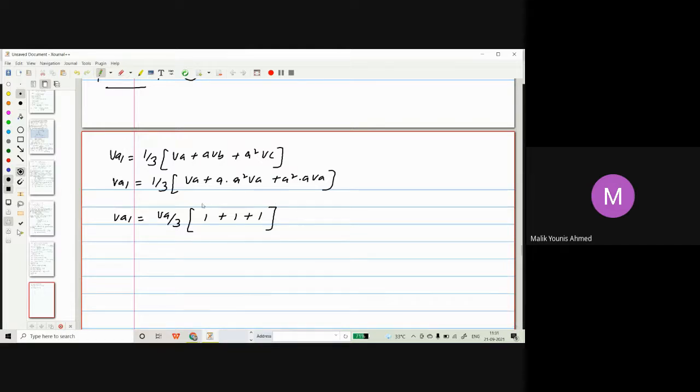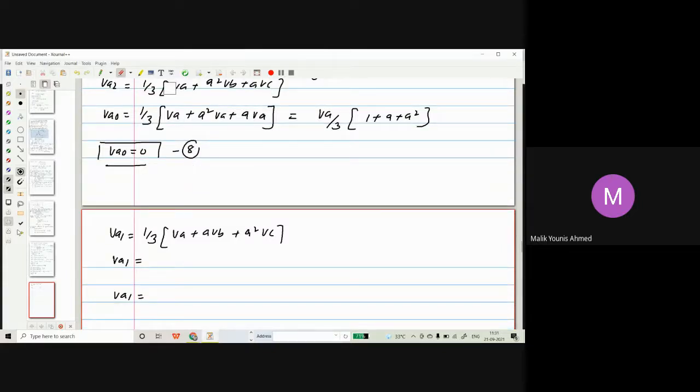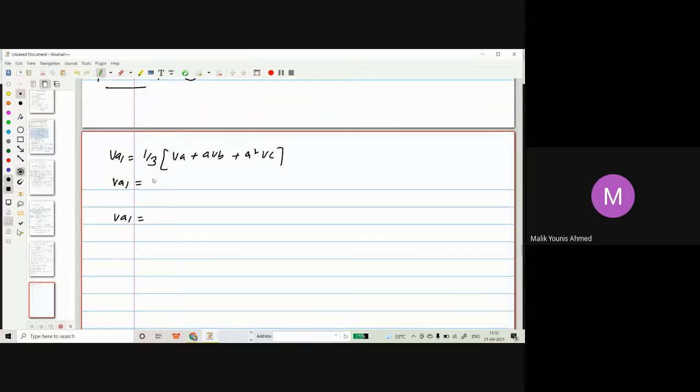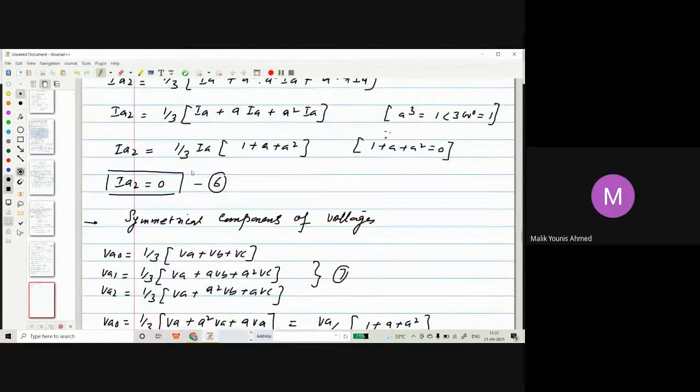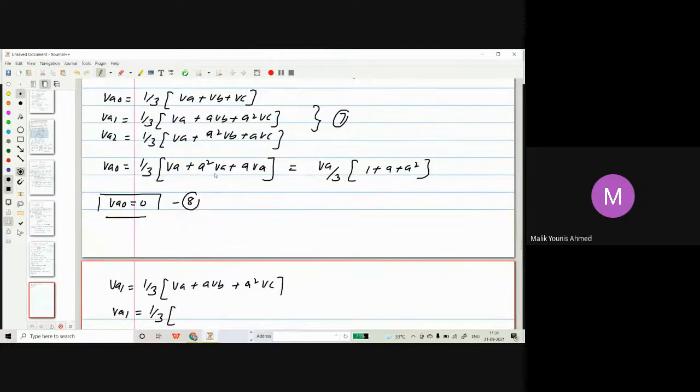Sequence components we should not get. Why? Because all the 3 voltages are the same. Let us put it like this. Later we can see. 1/3. What are the boundary conditions? Let us substitute the boundary conditions. Then in that case also you should see, if we are going to put it like this.